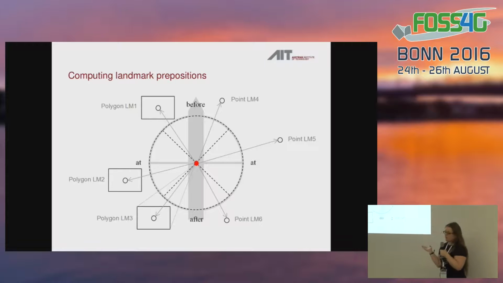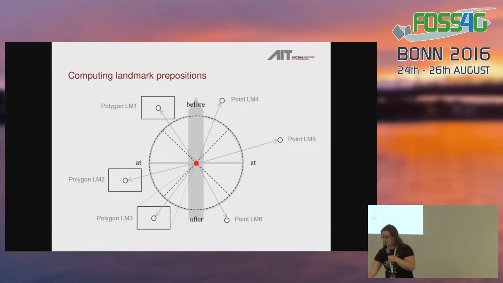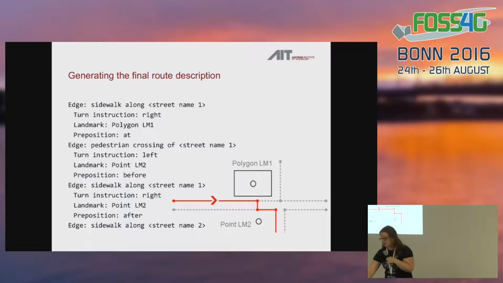So I decided to use the centroid, which works well for smaller polygons. If it's a really big building, on the other hand, the centroid might not be a good representation of the polygon and the preposition might be a bit odd. So that's another point where you can think more about what we could do.